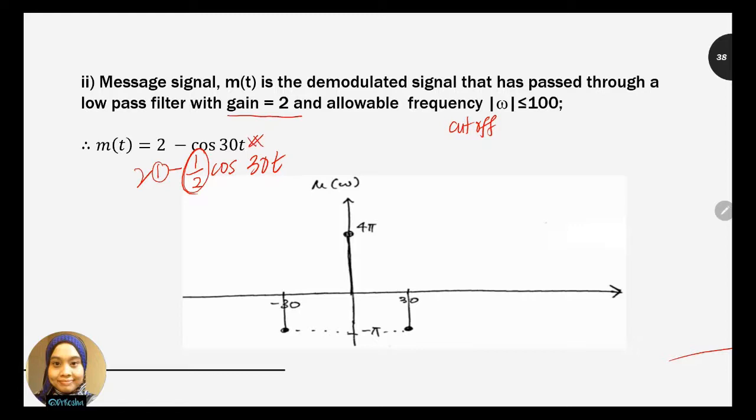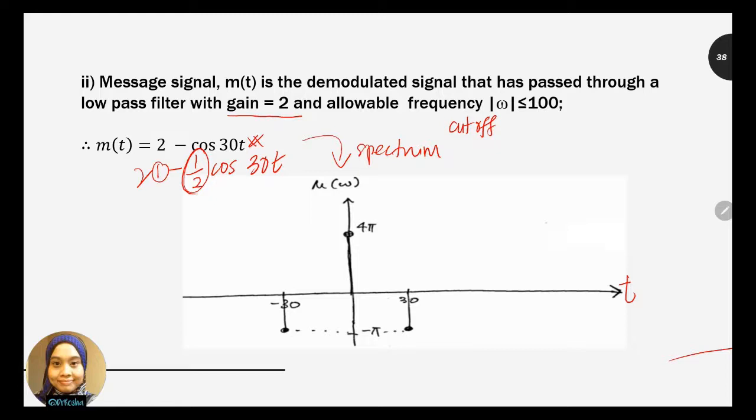Okay, so I hope that you understand this, and when you have the m(t) equation, you can always sketch the spectrum here. Okay, so we have 30, pi, this is t, 30, and we have the amplitude to be negative pi.